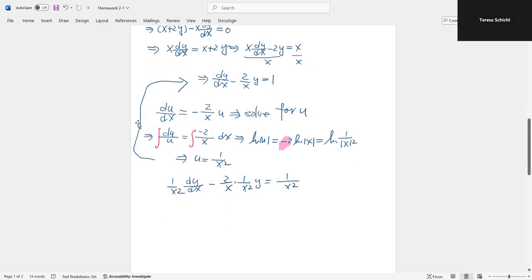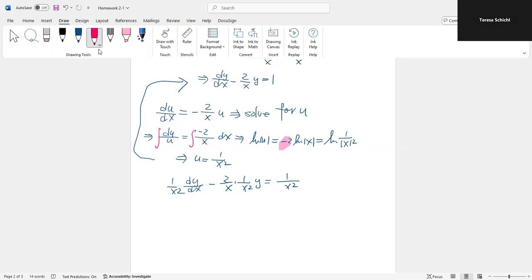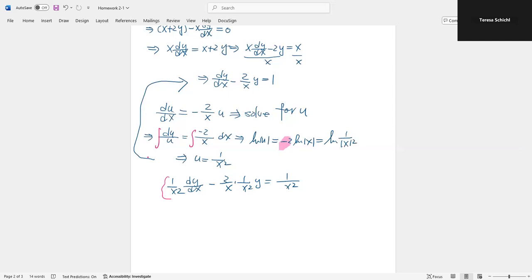After I multiplied that, the terms on the left become the derivative of (1/x squared) y by using the product rule.